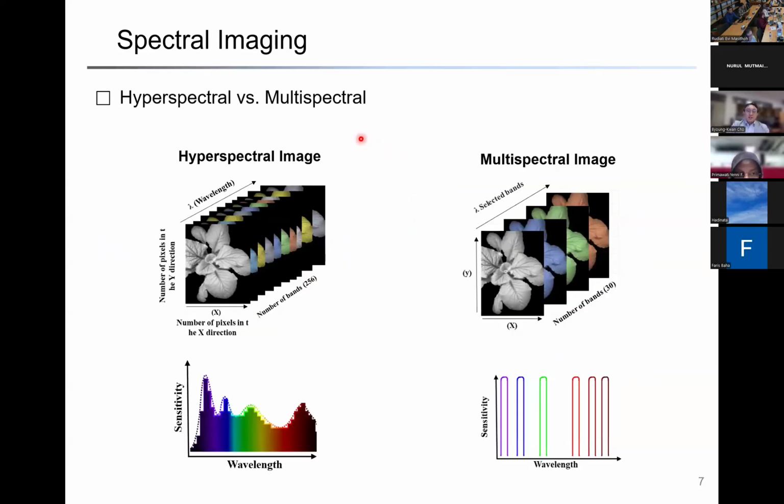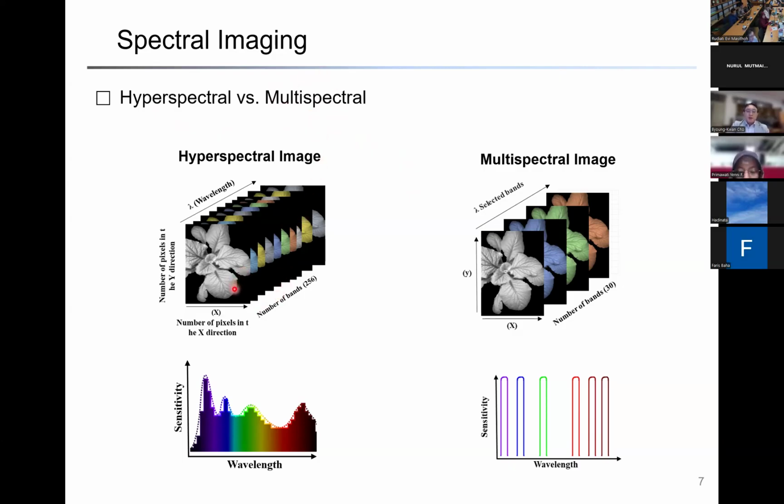Okay, I want to introduce another terminology, multispectral images. There are two comprehensive spectral images: one is hyperspectral images, and another one is multispectral images.